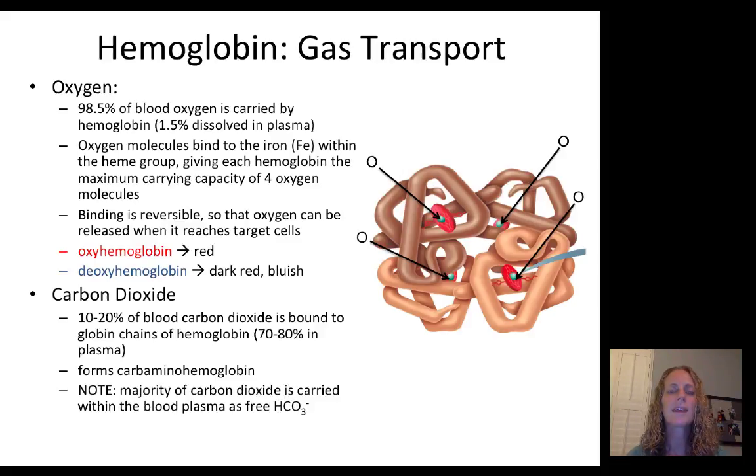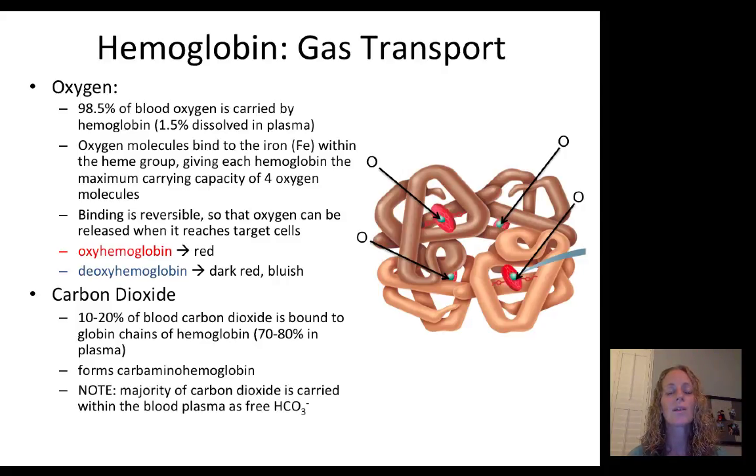So hemoglobin is carrying oxygen. 98.5% of blood oxygen is carried by hemoglobin, and that's because oxygen dissolves poorly in the blood plasma, dissolves poorly in water in general. So only about 1.5% of our body's oxygen is carried in the plasma. The rest needs to be bound to a carrier, and hemoglobin carries oxygen quite well.